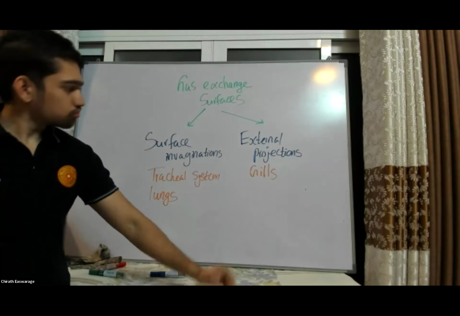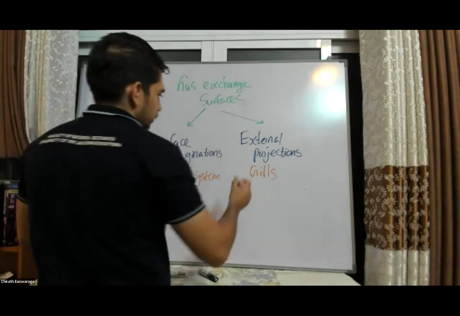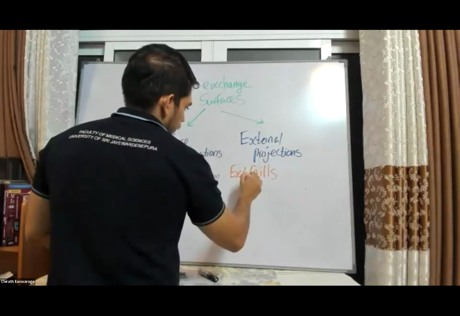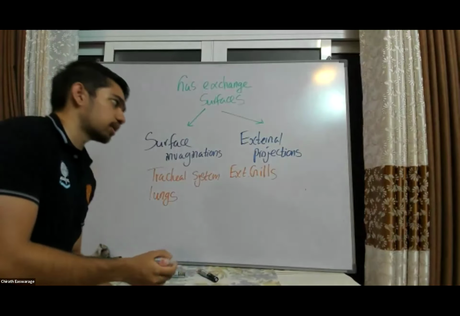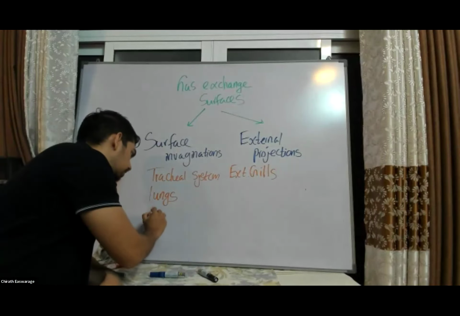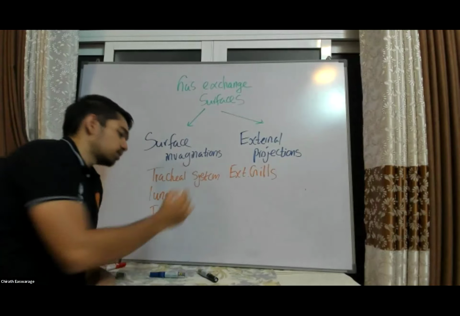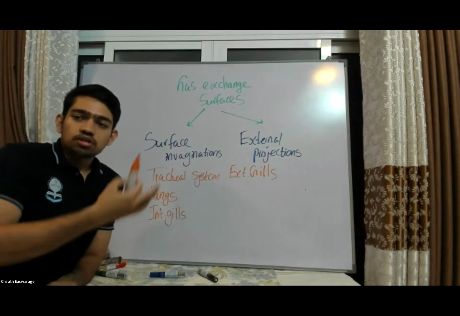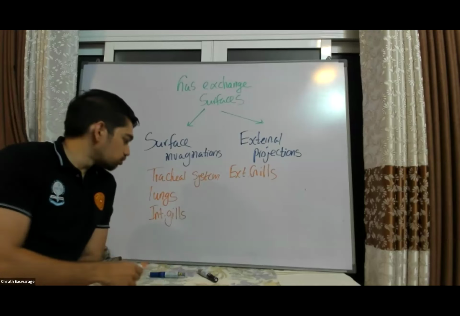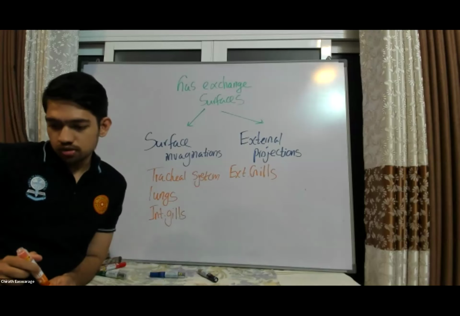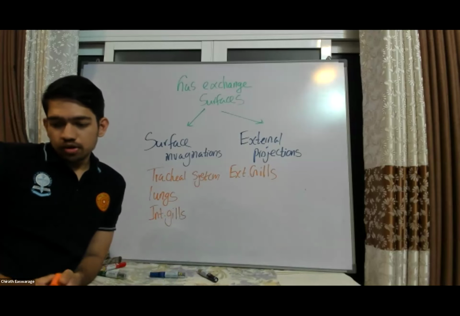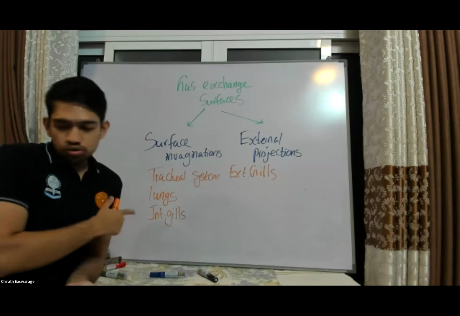So actually, your gills, to be more specific, are external gills. Here, external projections are external gills. There are two types of gills; here you can take internal gills. Your fish, the classes Osteichthyes and Chondrichthyes, have internal gills. And tracheal systems are found only in arthropods.